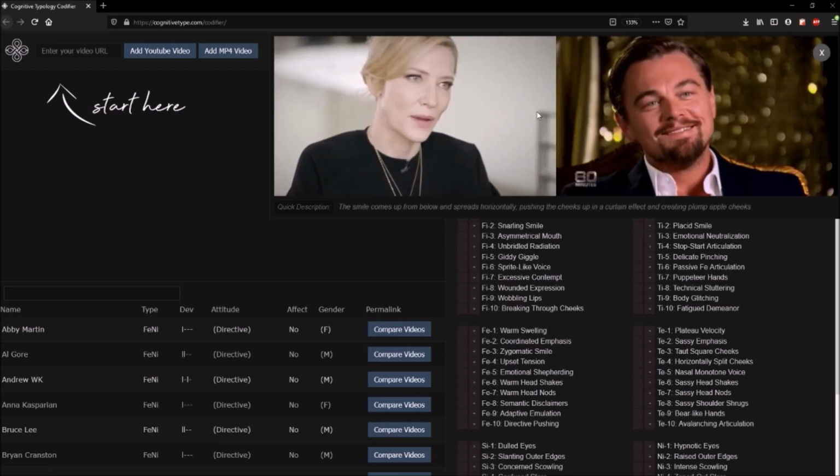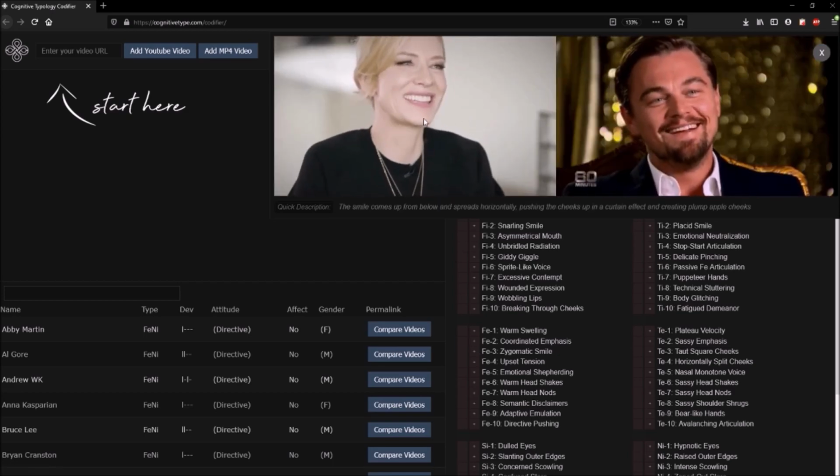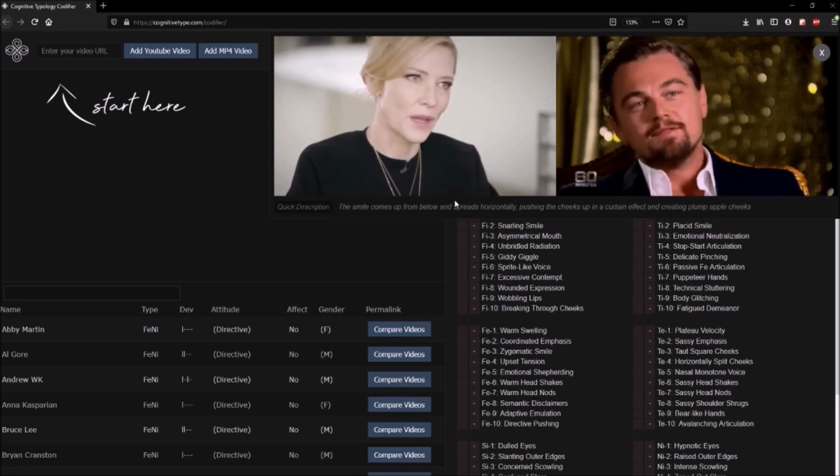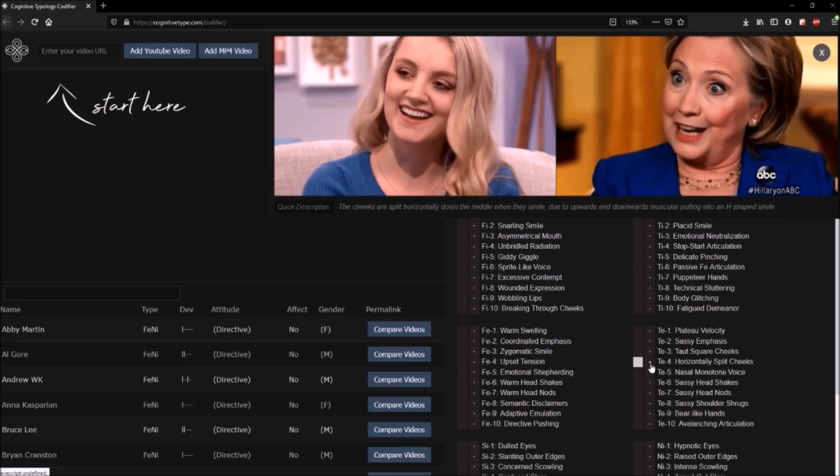And we contrasted this against FE, which has a more curtain rising effect to the sides, and the bottom side of the face does not have those 2 points of emphasis. So these 2 bottom pull corners, which together complete the 4 points, are what will be lacking in the FE smile, which will have just these 2 upper points, but it won't have the bottom 2 pulling from the depressor muscles.